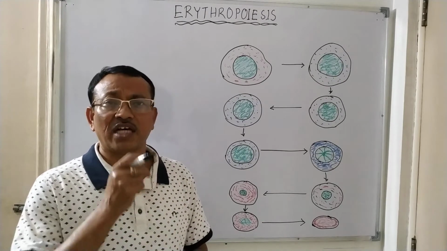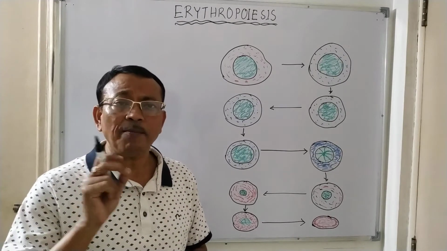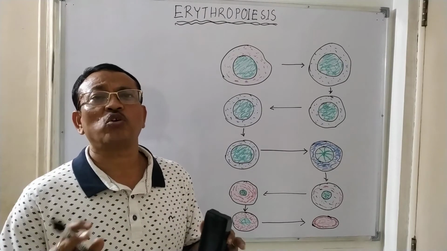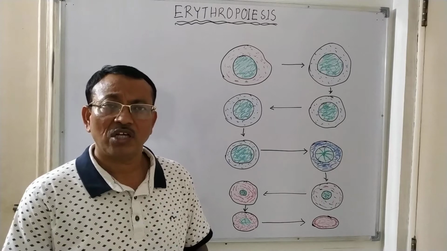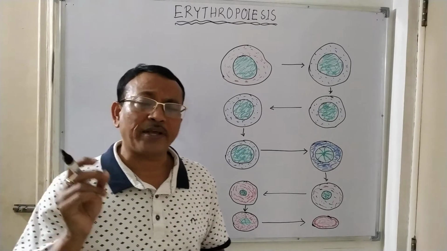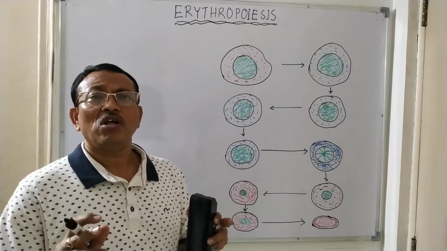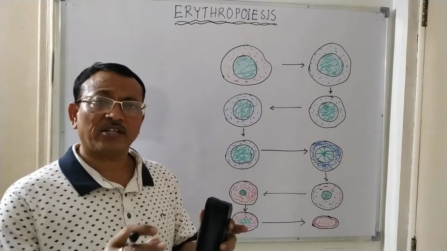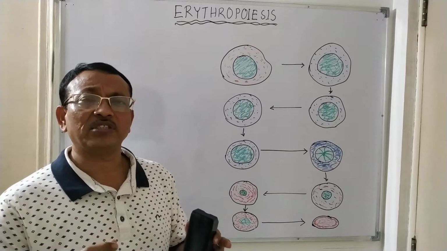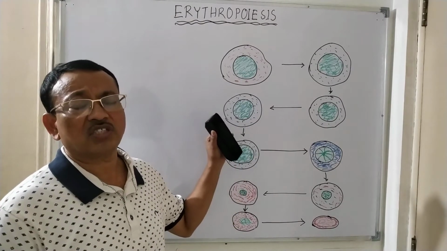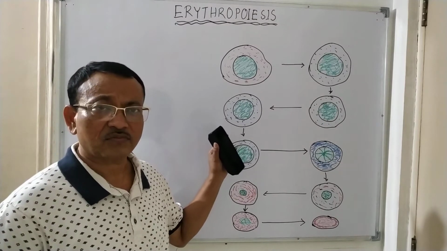And the third one is the CFU of GM series, from which the granulocytes and the monocytes are developed. In this video, I will specifically talk about the RBC formation. How the RBCs are formed from the hemocytoblast is the topic of discussion.